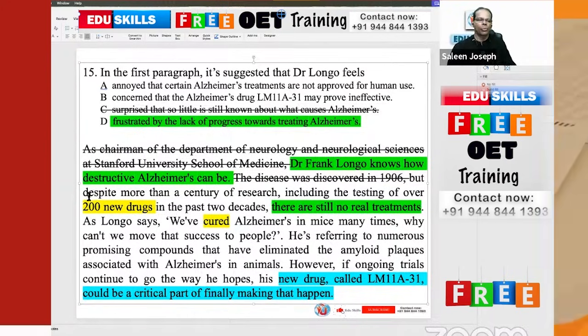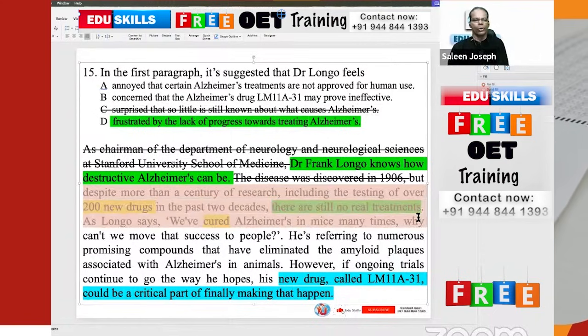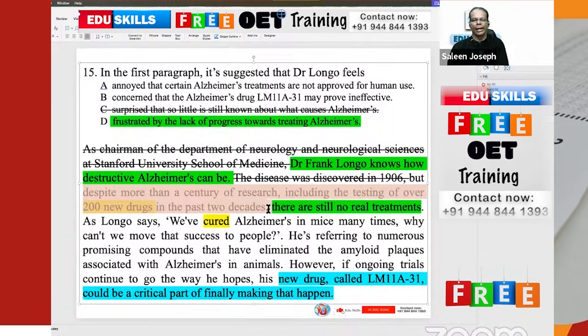Despite more than, there is one more thing. In detail, I'll be showing again. But then you see here, despite more than a century of research, including the testing of over 200 new drugs in the past 2 decades, there are still no treatments. Could you tell me what is this that I'm highlighting now in yellow?